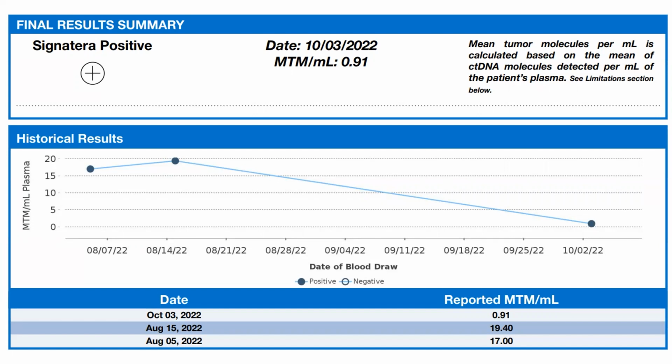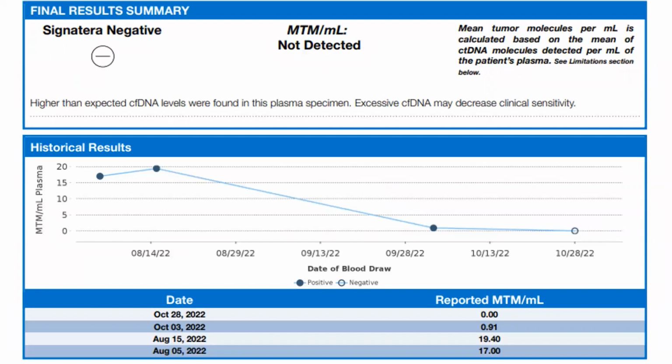The MTM per ml was now down to 0.91. I thought this was kind of interesting. He then continued on the rest of his chemotherapy as part of his total neoadjuvant treatment, and what we found was that at the end of October, the MTM per ml was now undetectable.